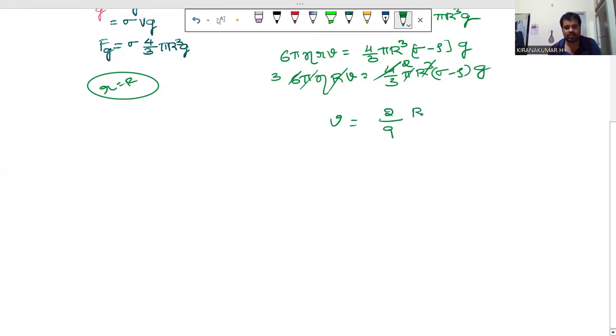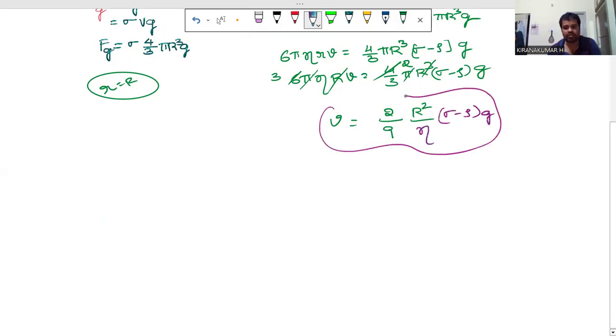The 3 comes down, and the 2 stays, so velocity v equals 2 by 9 into r square by eta into sigma minus rho into g. This formula is what we call terminal velocity.